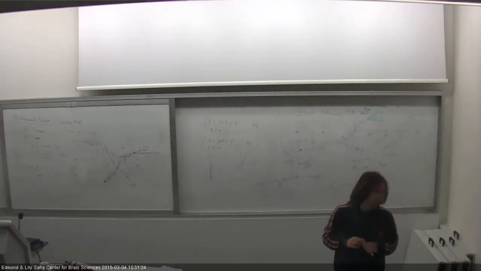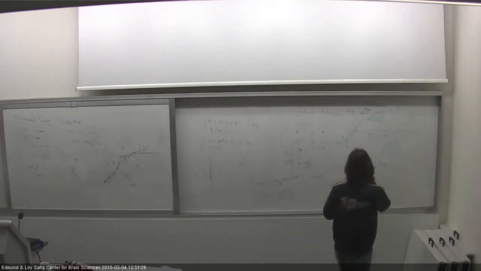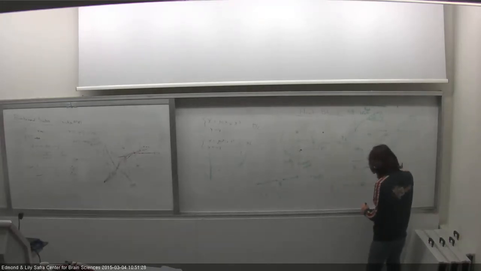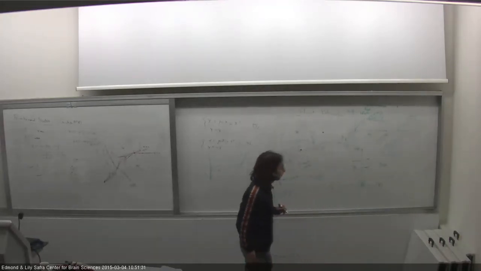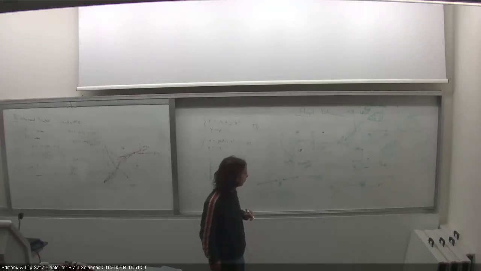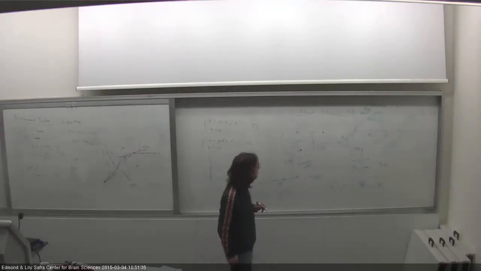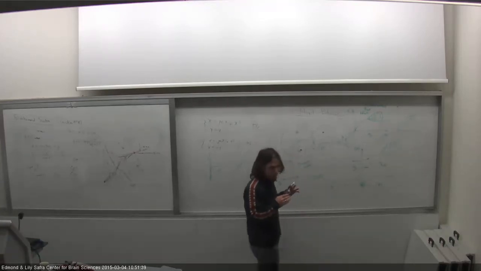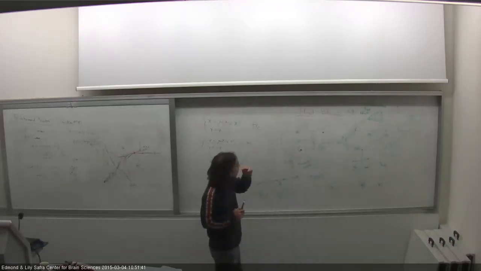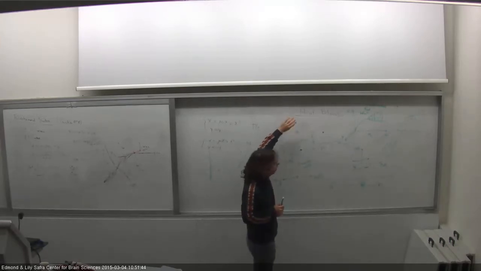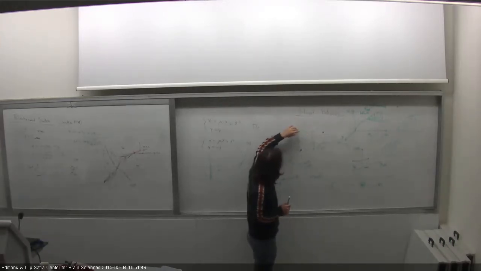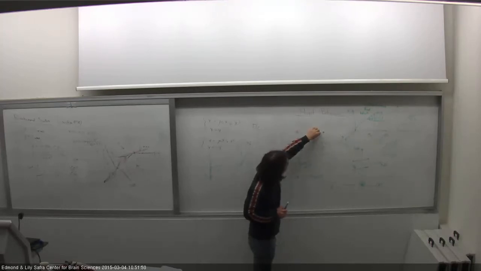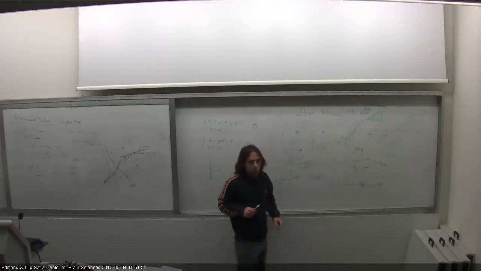When will this happen? Wait. Let me start again. The Hopf bifurcation is a bifurcation when you have this transition: stable fixed point to unstable with limit cycle, or unstable to stable with limit cycle.